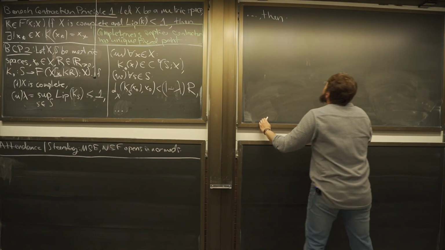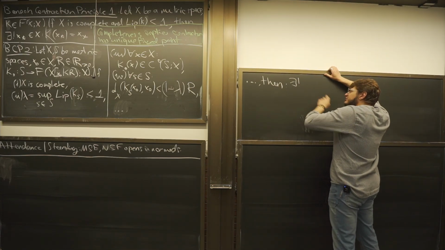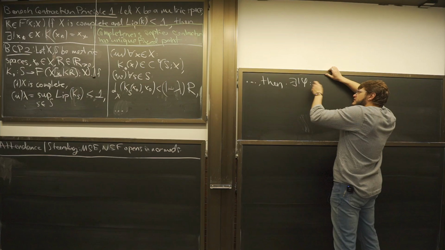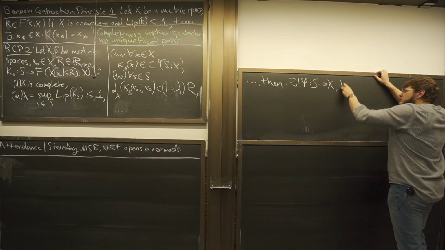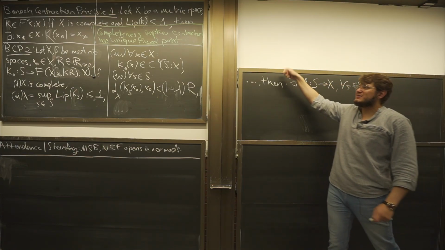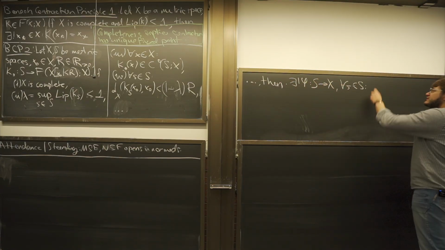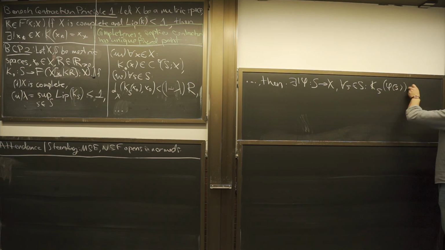Then there is a unique function phi from S into X, such that for any s in S, phi of s is going to be the fixed point of k sub s. That is to say, k sub s applied to phi of s is phi of s.